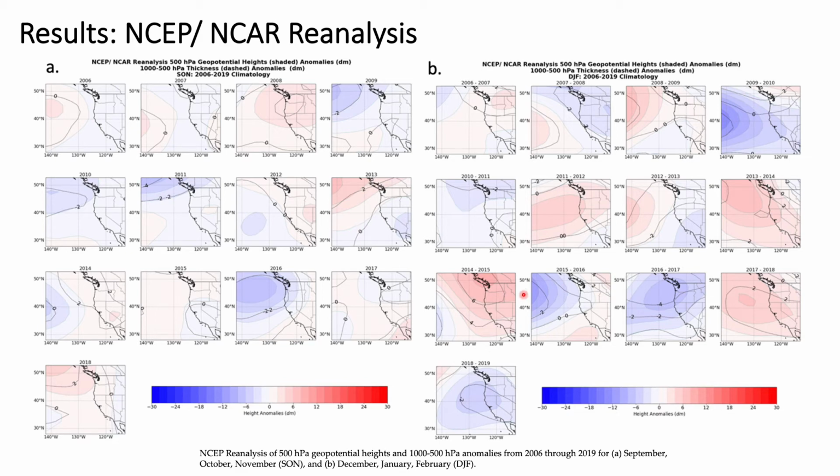And then the pattern shifted into 2015 as the trough started making an eastward push.